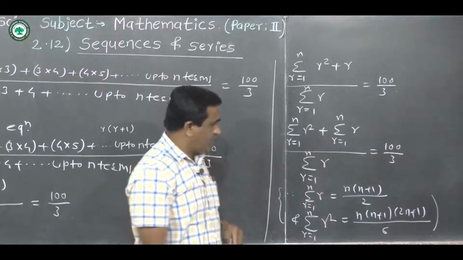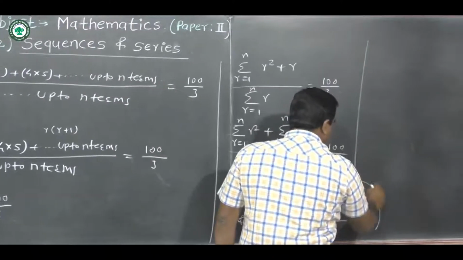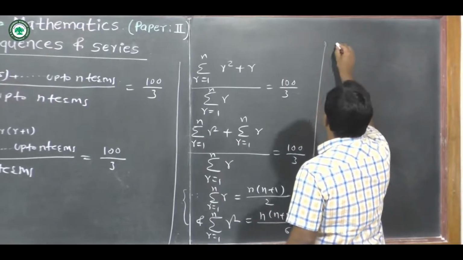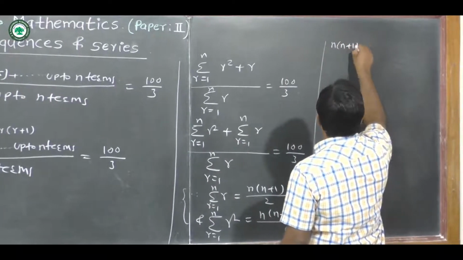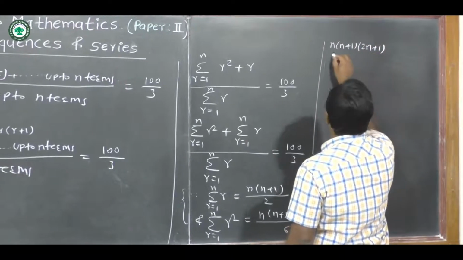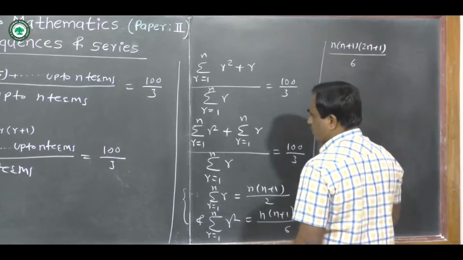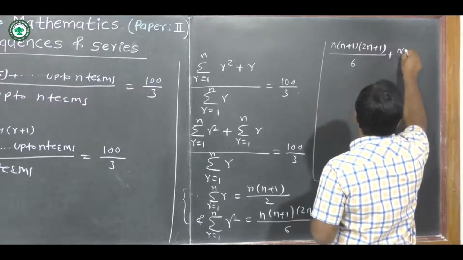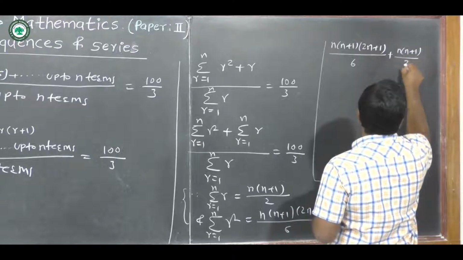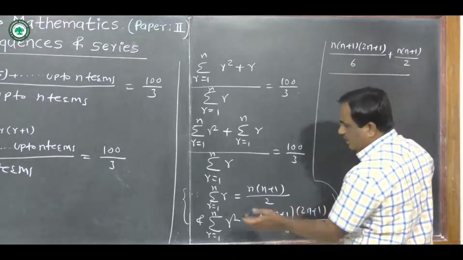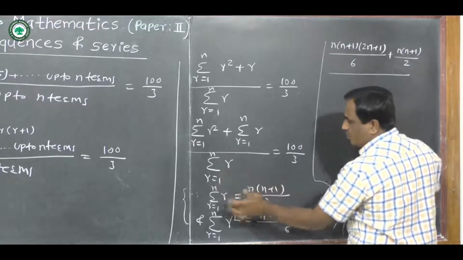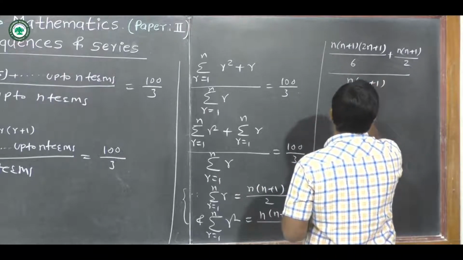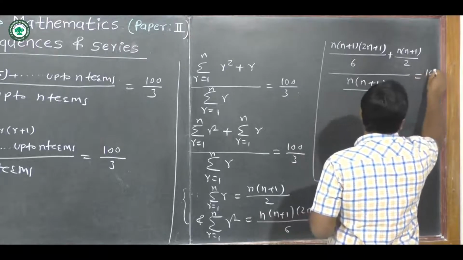Using these two results for these terms, we can write summation r square as n into n plus 1 into 2n plus 1 upon 6, plus the value of the next term, n into n plus 1 upon 2, divided by summation of r, r goes from 1 to n, which is again n into n plus 1 upon 2, equal to 100 upon 3.